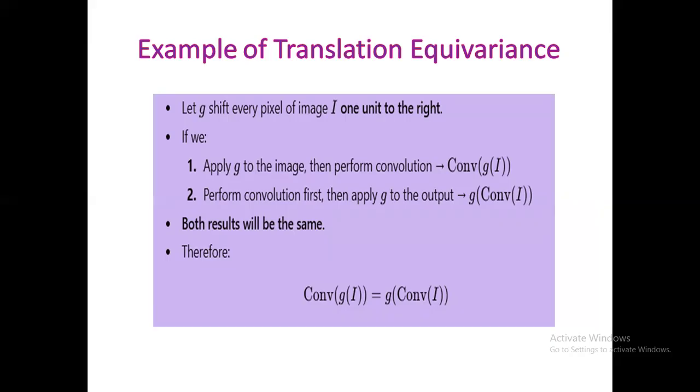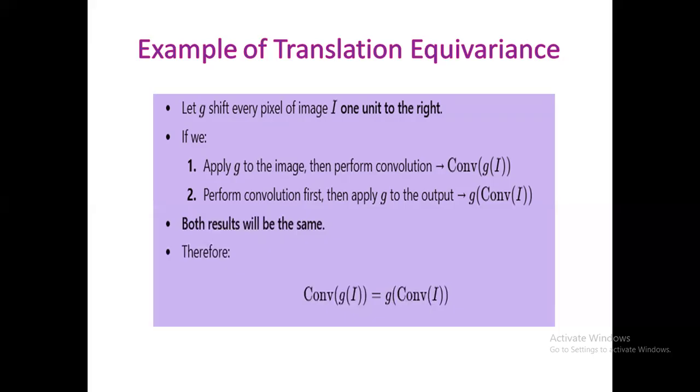Alternatively, if we first perform convolution on the original image and then shift the resulting feature map, we will obtain the same result. In mathematical terms, this is expressed as convolution of g of I is equal to g of convolution of I. This confirms that convolution preserves the spatial consistency of detected features under translation.